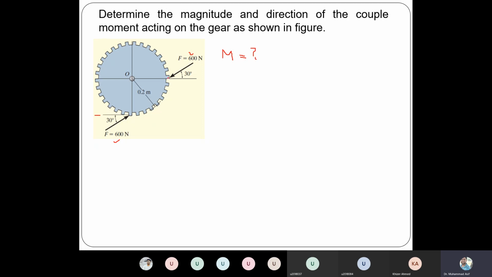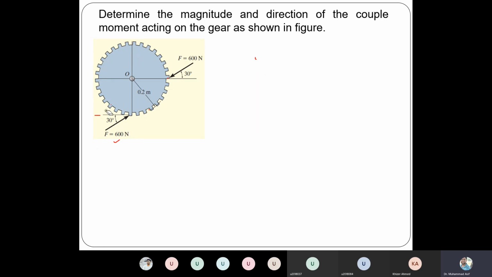Now, can you figure out the perpendicular distance between the two forces of the couple? Because to get the moment, we need the perpendicular distance, right? Can we figure out the perpendicular distance? No sir. Then the other way to calculate is that we can resolve the forces into components.